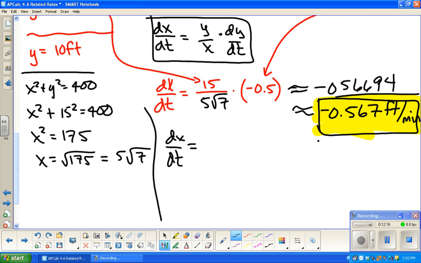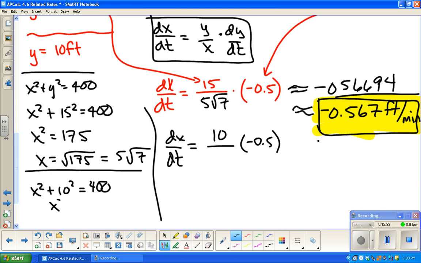When y is 10 this time, over negative 0.5. Now again, I don't know the x value for this, so I have to do x squared plus 10 squared equals 400. So x squared equals 300. x equals 10 root 3. Okay, so 10 root 3.